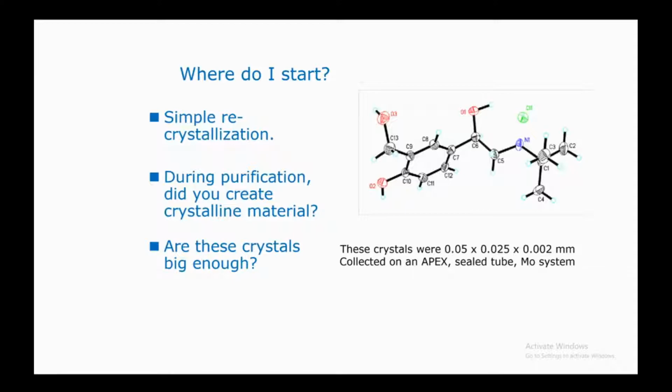During purification, did you create a crystalline material? Are these crystals big enough? That's a big question. As you can see, crystal structures are usually obtained in this shape. This is a benzene ring, this is oxygen, this is nitrogen in blue, and these purple ones are hydrogens, like methyl groups.